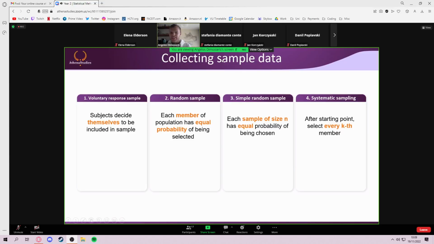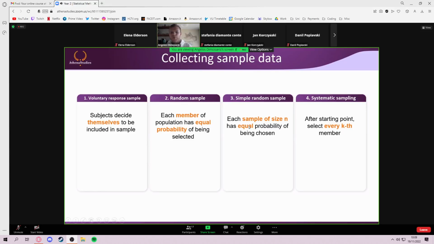Now, next to that, we have 2 random samples. The first one is called random sample, and the second one is the simple random sample. So under the random sample, each member of the population has equal probability of being selected. And in simple random sample, you can see that each sample of size n has equal probability of being chosen.